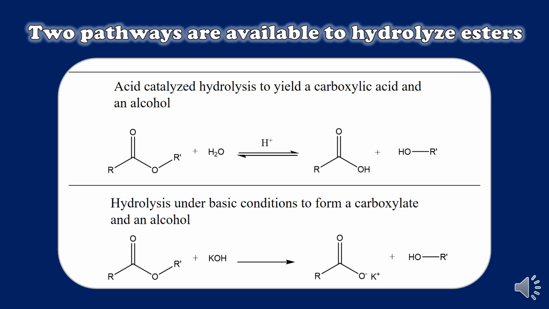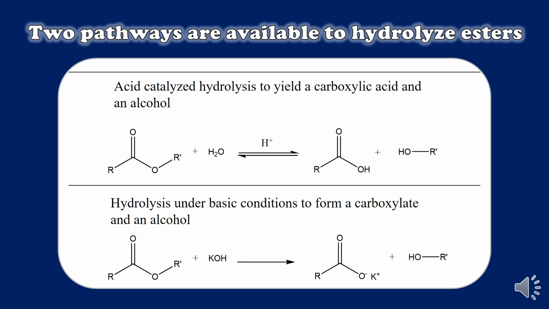It turns out there's actually a much better way to do this, at least in most cases, and that's using hydrolysis under basic conditions, which allows us to form a carboxylate salt and an alcohol. I haven't shown you the mechanism for this reaction, but you should be able to work this one out for yourself.